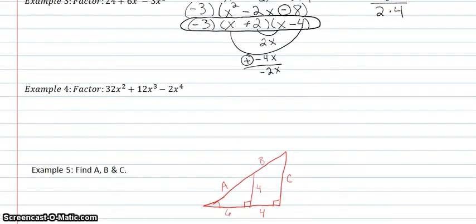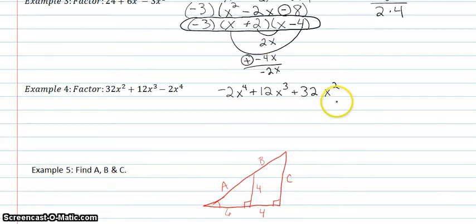Alright, the next example is another one of factoring a trinomial, and we're going to need to factor out a common factor first. Now I'm going to arrange this in the correct order. I'm going to have negative 2x to the 4th plus 12x cubed plus 32x squared.